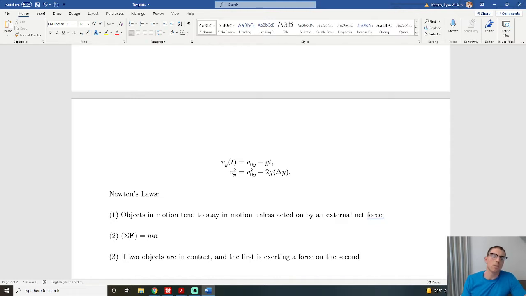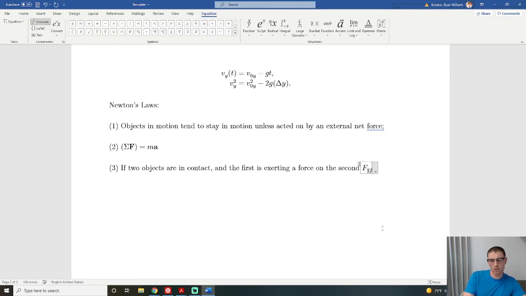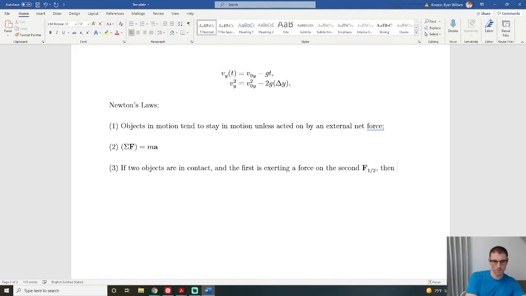But for the time being, we'll say that this is just for when they're in contact. So if two objects are in contact and the first is exerting a force on the second, let's call this force F1 on 2. This will be my notation. Then the second exerts a force on the first with the same magnitude, but in the opposite direction.